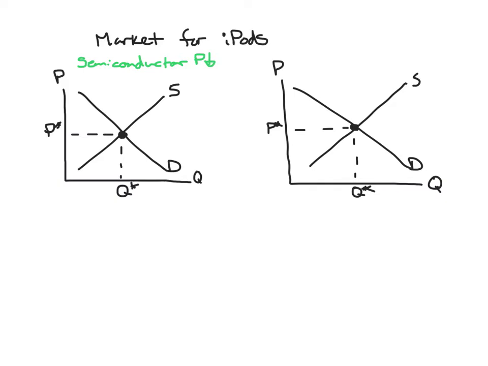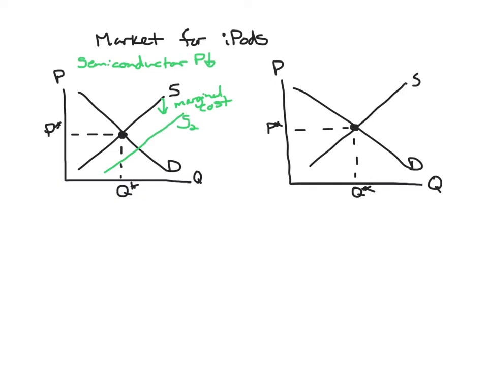So cheaper semiconductors translates into a cheaper cost of producing iPods, right? The marginal cost of making an iPod is going to decline. So we illustrate that by shifting out or down the supply curve to S2.